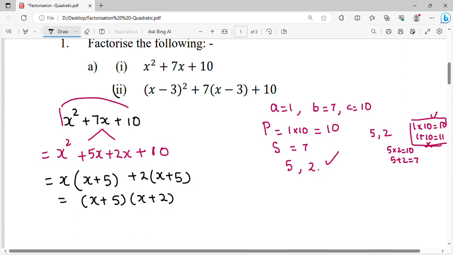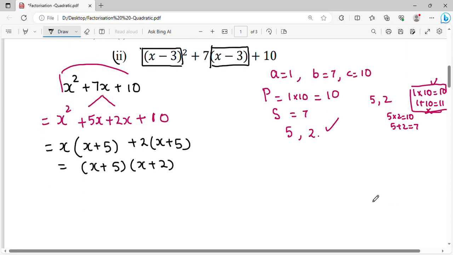Let's look at 2. I have a square, I have the same coefficients 7 and 10. The only thing is my x has been replaced by x minus 3. So let's see how I am going to tackle this question, which is very similar to this. Alright, so let's look at question 2.